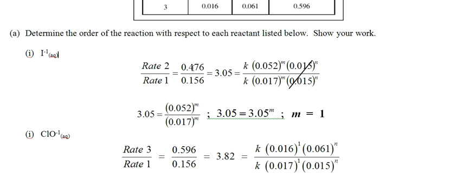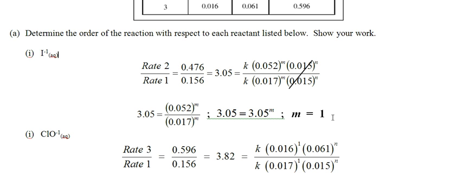So doing the work that we're accustomed to, we find out that the ratio is 3.05. Cancel out any like terms. I did not show the cancellation of the constants here, but they are the same. So we're left with just 0.052 to some power divided by 0.017 to some power. Divide those two values out. Now we have a ratio: 3.05 is equal to 3.05 to the m power.